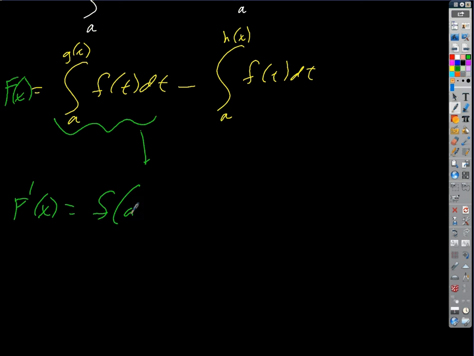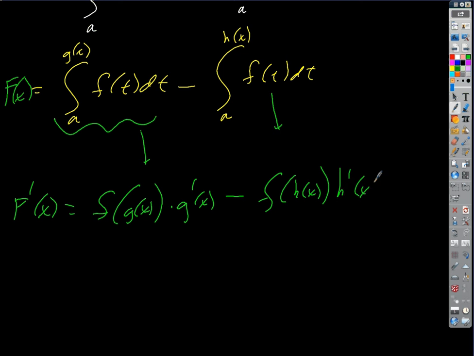Good, f of g of x times g prime of x minus, how about this one? f of h of x times h prime of x. Oh, there it is. There's the ultra generalized second fundamental theorem of calculus, a room 304 exclusive.